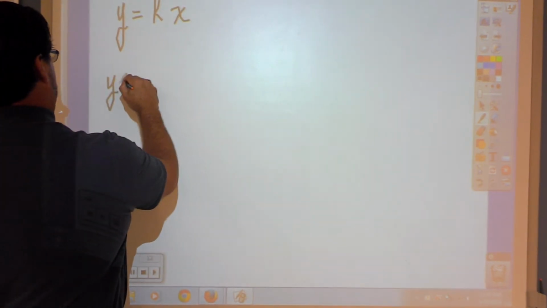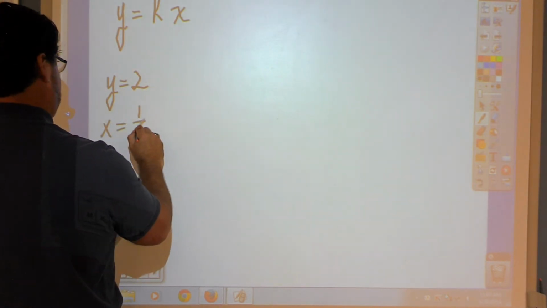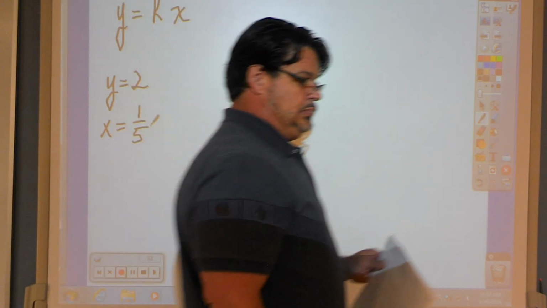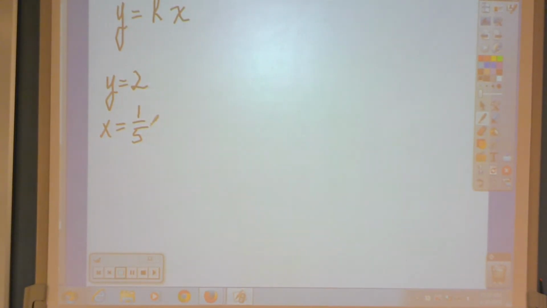Y is equal to 2, and x is equal to 1/5. On the final answer, when you said y equals 2.1x, why would you not just say K equals 2.1? They will, but to do the next type problem where they give you more information, you have to have an equation. That's why they want you to write the equation.